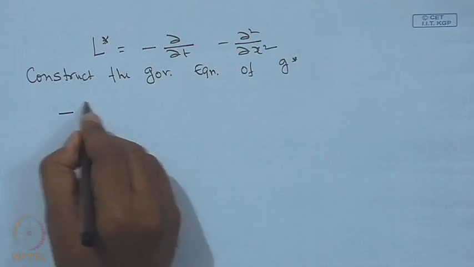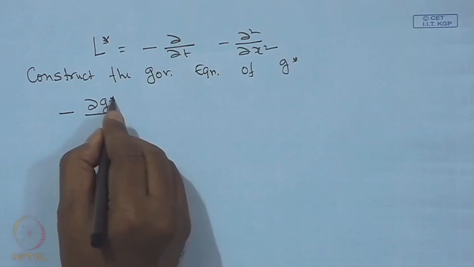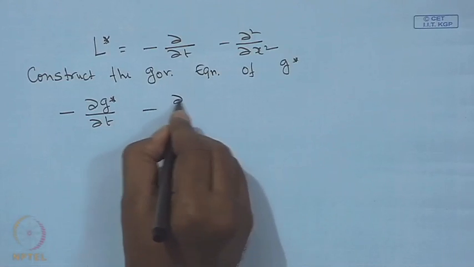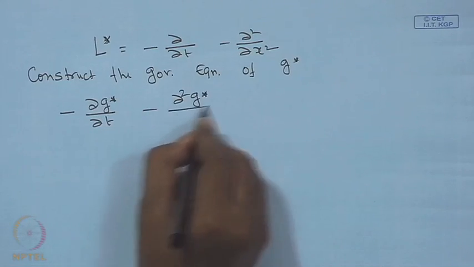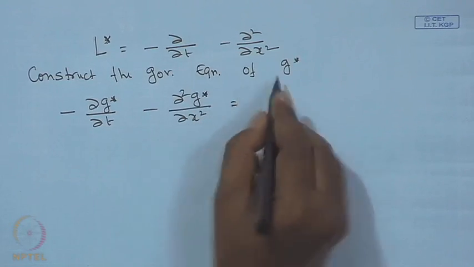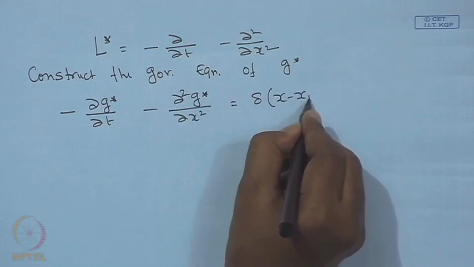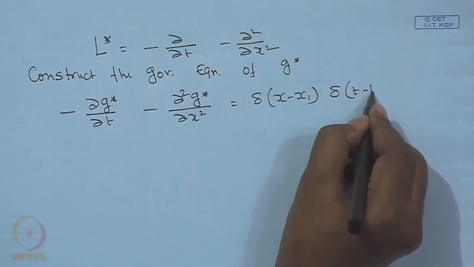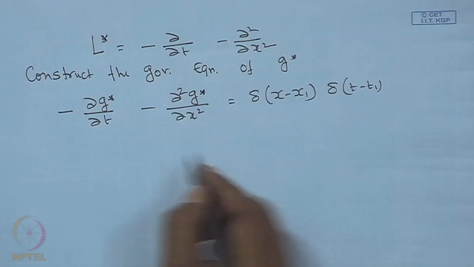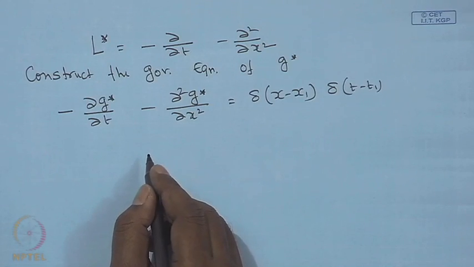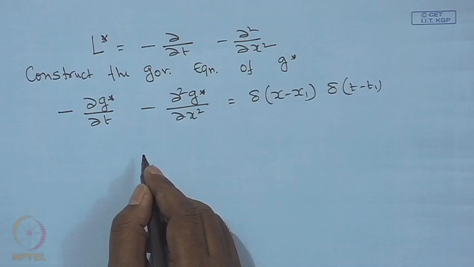that will be minus del g star del t minus del square g star del x square is equal to delta x minus x 1 delta t minus t 1, and we know the boundary conditions on g star, the way we have done it earlier.